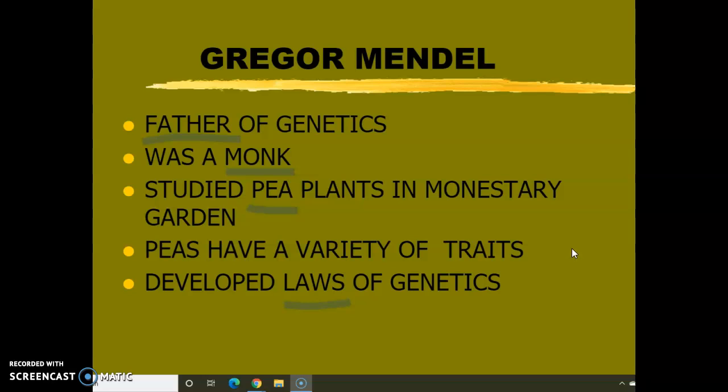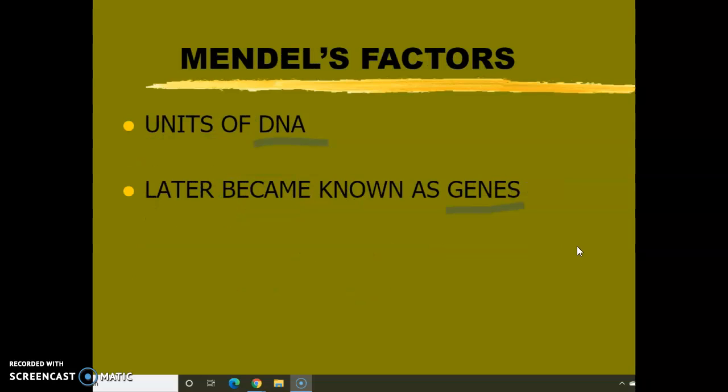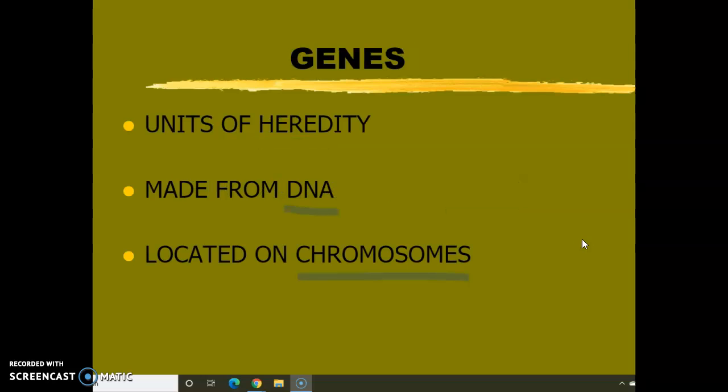All right, number 6, he didn't even call them genes. He didn't know about genes at this time. He called them factors. So these factors we know now are units of DNA, and they later became known as genes. So one little spot on your DNA or one little spot on a chromosome, that's the gene. All right, so genes, again, they are units of heredity made from DNA, and they're located on the chromosomes.